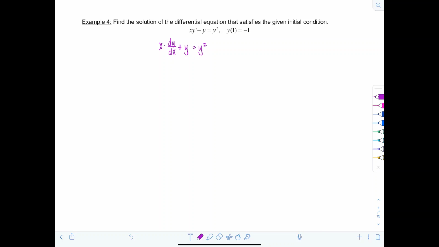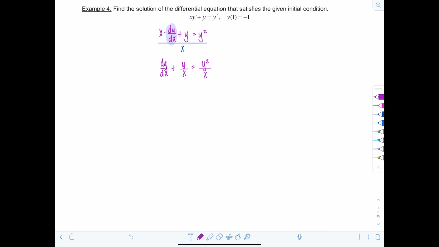And right now you might be nervous. It doesn't look separable. So let's see. Let's divide through by x because I want to isolate dy dx, right? So I can make it separable. So I'm going to divide the whole equation through by x. Let's see what's going on. So I've got dy dx plus y over x equals y squared over x. And then if I subtract y over x, now I have y squared minus y all over x.